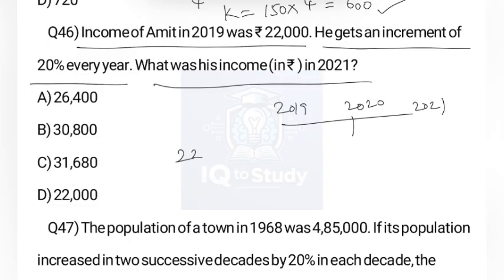So 22,000, which is original income, into 120 by 100 into 120 by 100, because there is an increment of 20% every year. That is equal to 31,680.